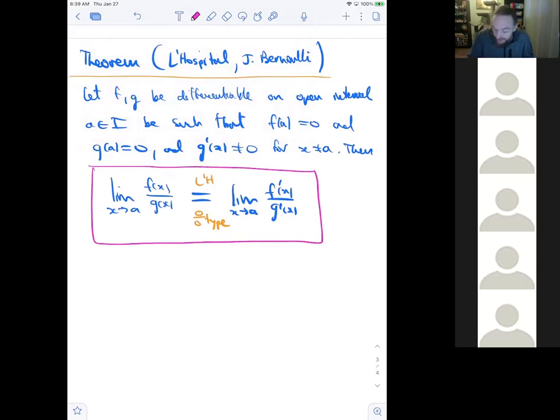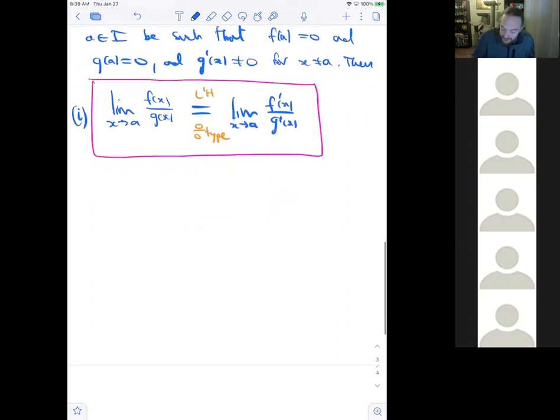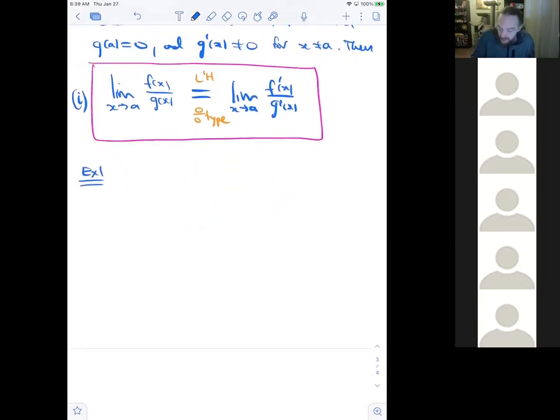But let's do some examples first of this first kind. So this is the first kind, type 1. Infinity over infinity type. So example. The first one, the easiest one, recall the limit as x approaches 0 of sine x over x equals 1 by the squeeze theorem, etc. in Math 114.